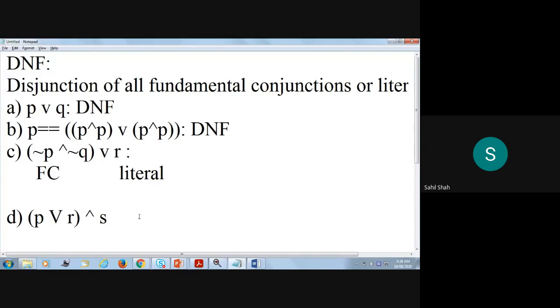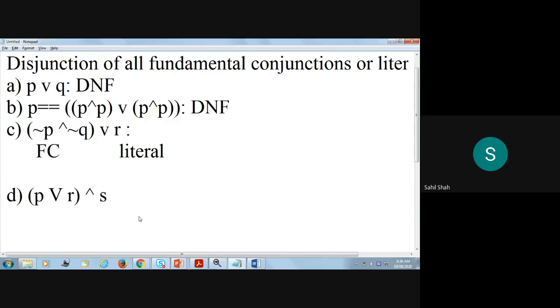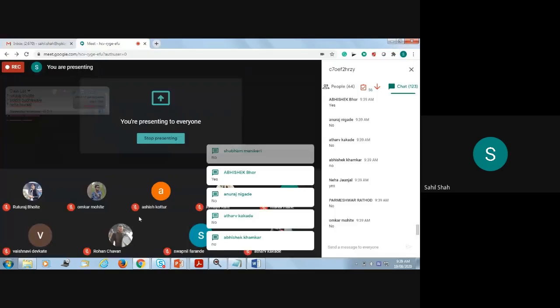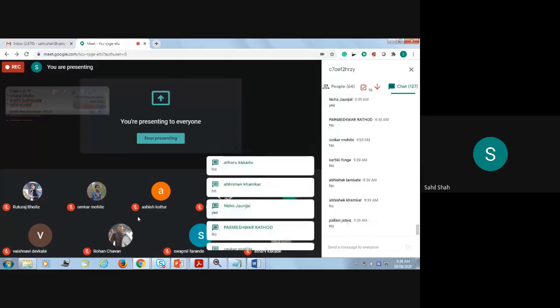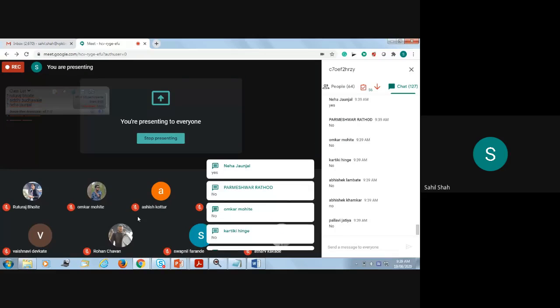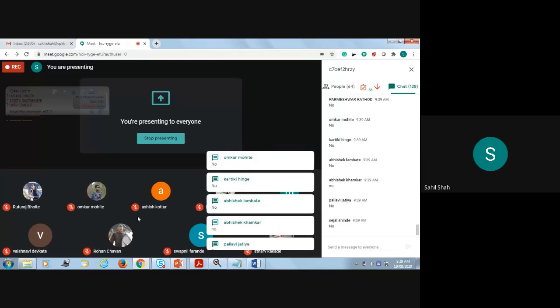Now moving on towards the last example, P, disjunction R, conjunction yes. Okay, can you tell me now whether this is in DNF? See the use of braces. Okay, you cannot randomly put braces anywhere and tell that this is in disjunctive normal form. Okay, I am talking about fourth one. All are saying no, it is not.